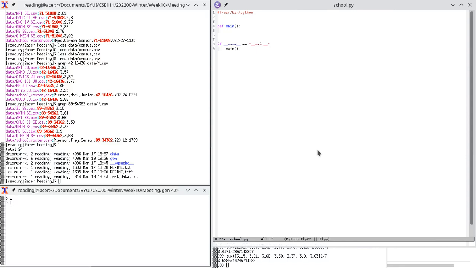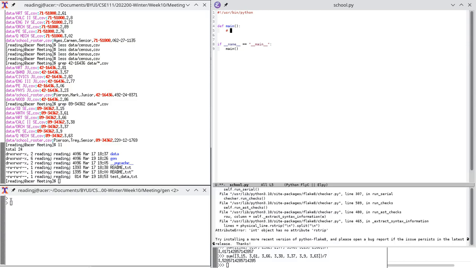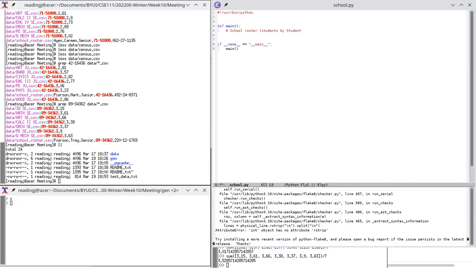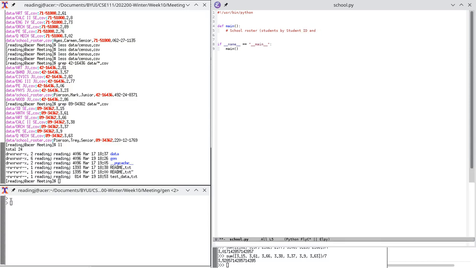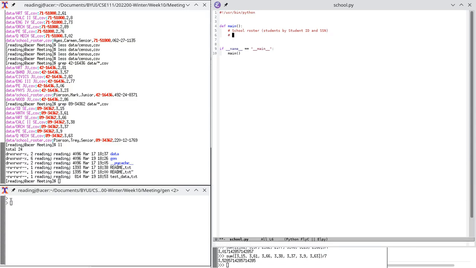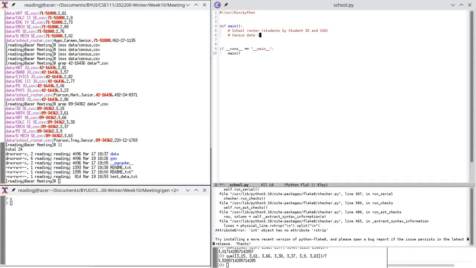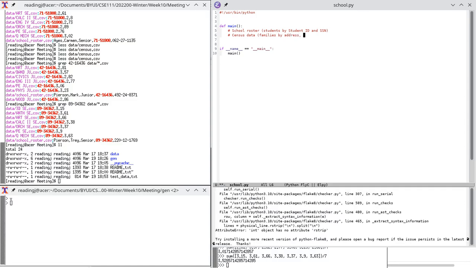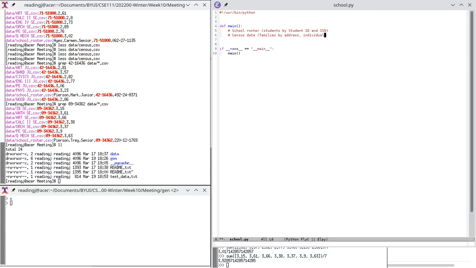So we need to read the school roster. That gives us students by student ID and Social Security number. Then we need to read the census data. That gives us families by address and individuals by Social Security number.